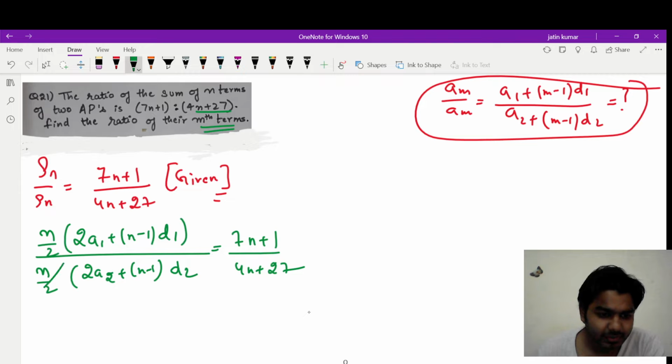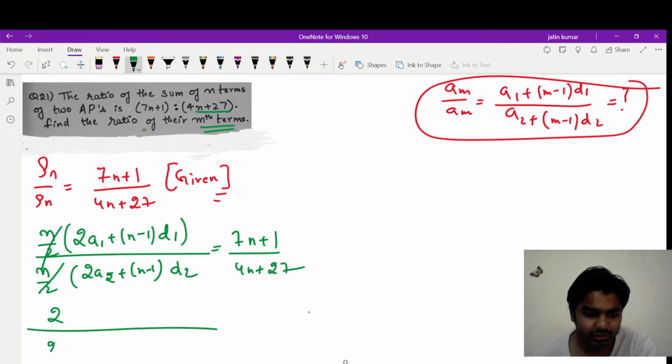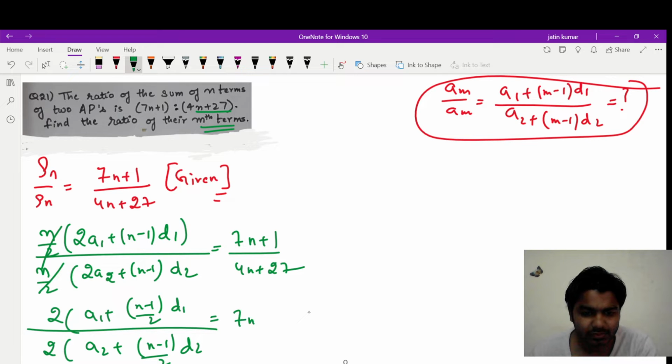Can we cancel n by 2 and n by 2? Yes, we can cancel and take 2 common in the numerator as well as in the denominator. We are left with (a1 plus (n minus 1) upon 2 d1) upon (a2 plus (n minus 1) upon 2 d2) is equal to (7n plus 1) upon (4n plus 27).